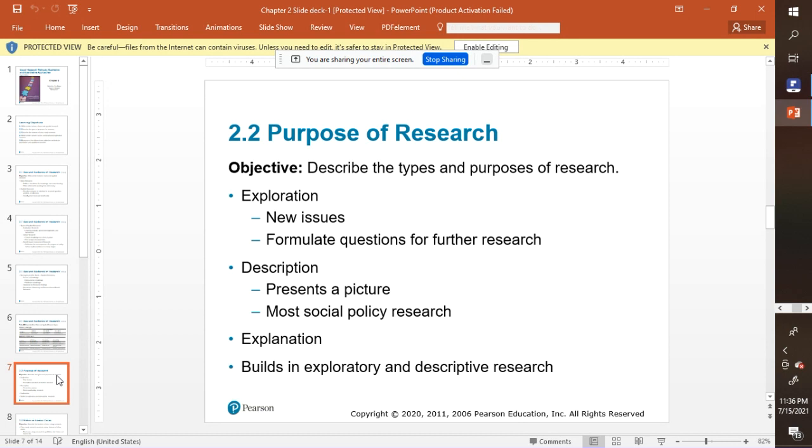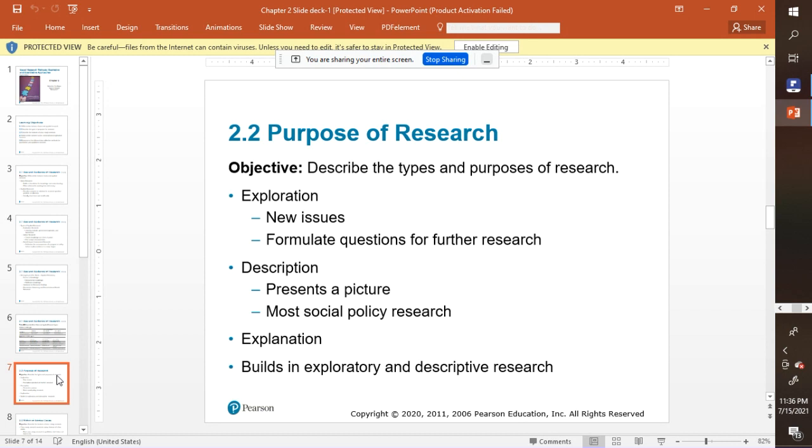Exploratory research is used to investigate a problem which is not clearly defined. So when we carry out research, we try to explore, we are trying to come up with new issues or formulate questions for further research.